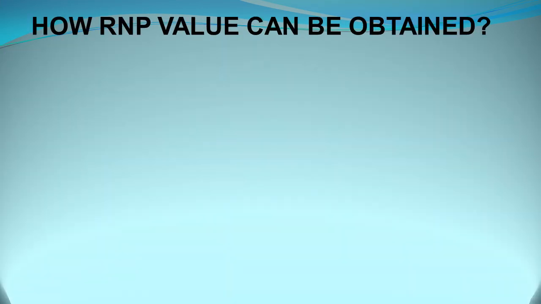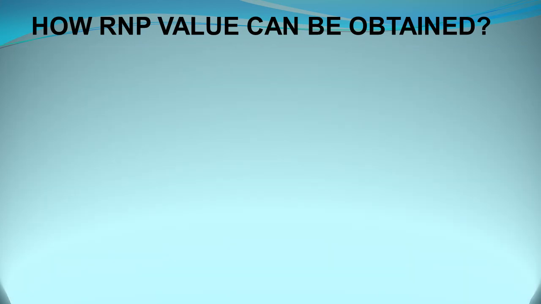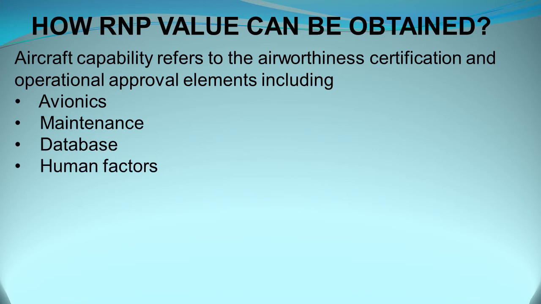How can it be obtained? The required performance is obtained through a combination of aircraft capability and the level of service provided by the corresponding navigation infrastructure. In this context, aircraft capability refers to the airworthiness certification and operational approval elements, which include avionics, maintenance, database, human factors, pilot procedure, training, and other issues.